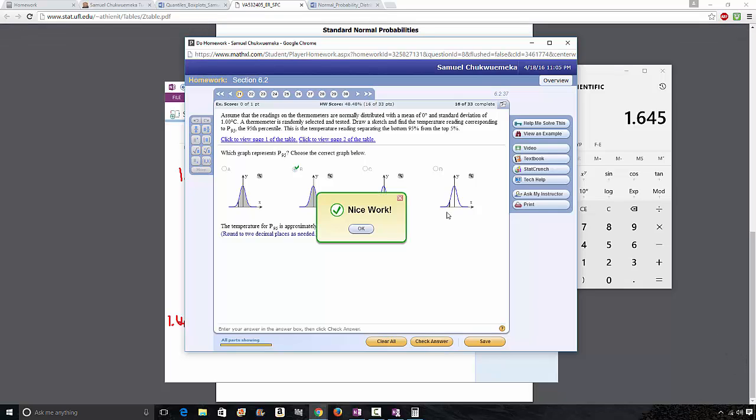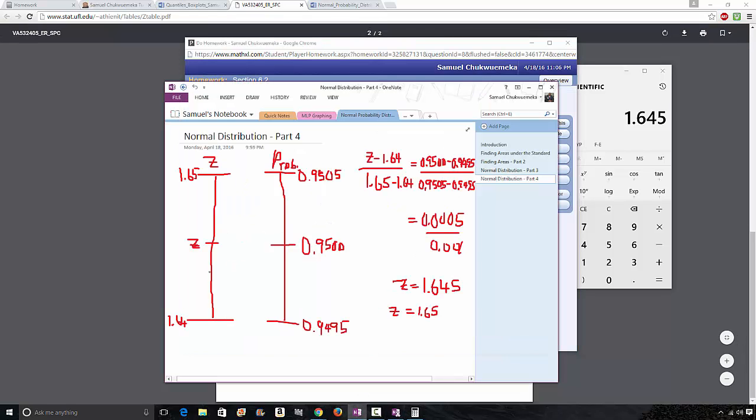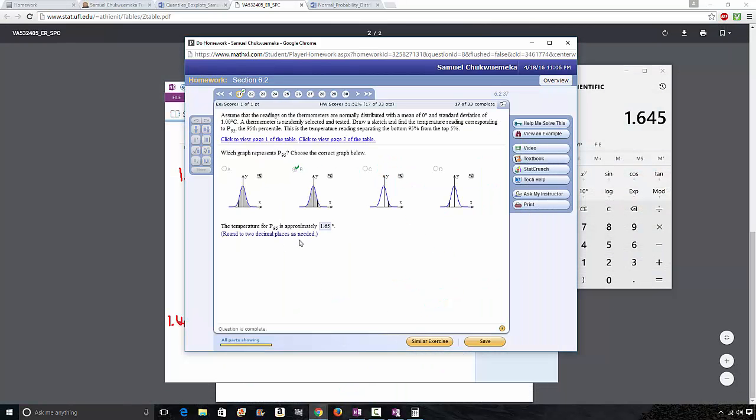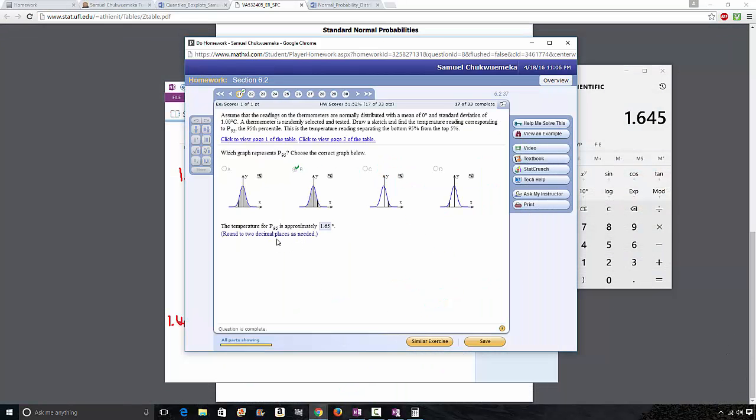Now, some of you might say, why did you waste time though? Because you would have just tried 1.64, and if it didn't work, of course, it's going to be 1.65. After all, these scores are 2 decimal places anyway. Well, yes, but that is trial and error, and we don't want trial and error in statistics. If it doesn't work here, you try this one.